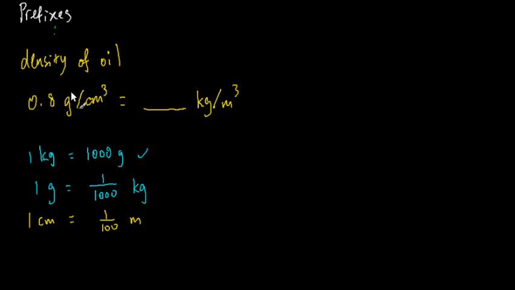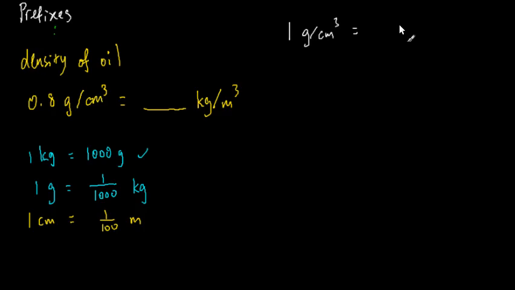So let me now think about the gram per cm cubed. Instead of doing 0.8 grams, I'm going to make things a little simpler. I'm just going to use 1 gram per cm cubed and find out what it looks like in the units of kg per meter cubed. So 1 gram per cm cubed, how are we going to do this? The way to do this is to treat the units as if they are variables in an algebra equation.